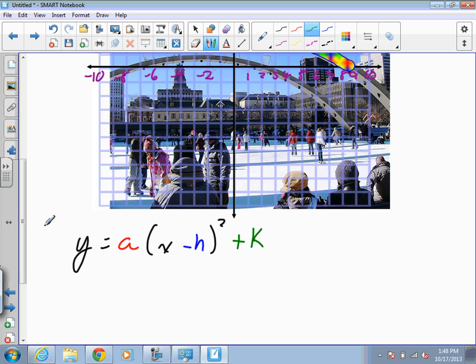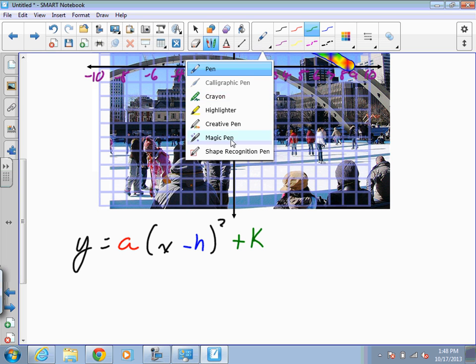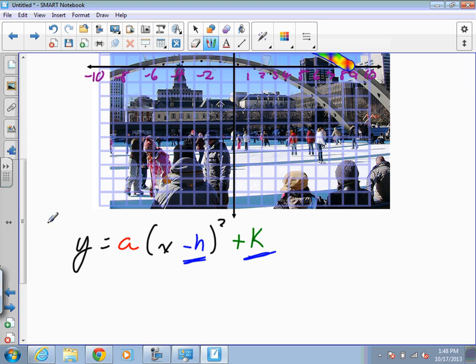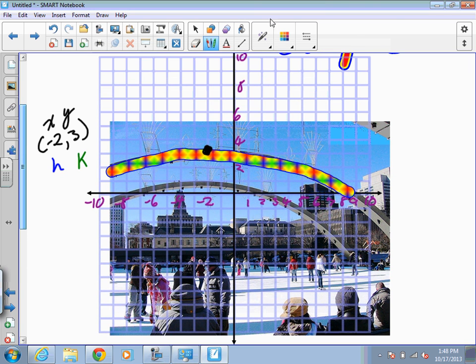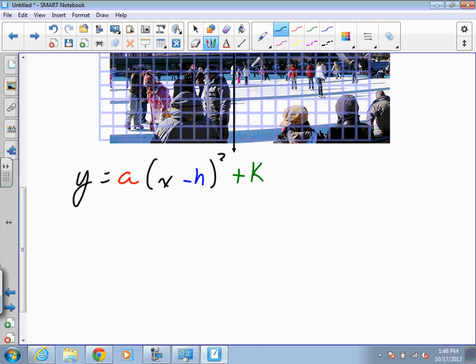So, if you guys recall, our h and k are actually the x and y values of our vertex. And this is where we estimated the vertex of this shape to be. So our h is -2 and our k is 3. So we're going to plug in those values. So we have y is equal to a times (x minus -2) squared, and our k value was +3.